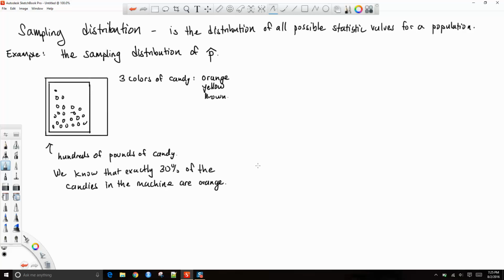How can we express that using symbols? We want to say that the proportion of candies that are orange in the population is 30%. What's the parameter that we're talking about here?